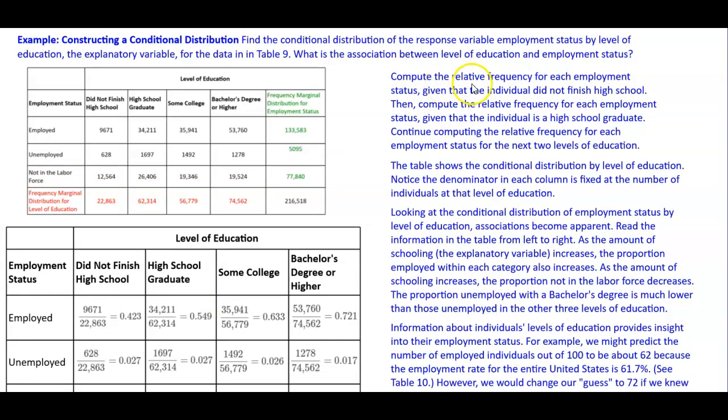Now we want to compute the relative frequency for each employment status, given that the individual did not finish high school. Then we're going to compute the relative frequency for each employment status, given that the individual is a high school graduate. And then we're going to continue for the next two levels of education.